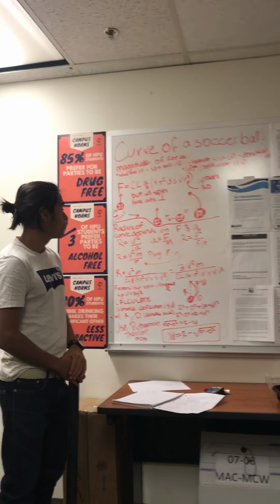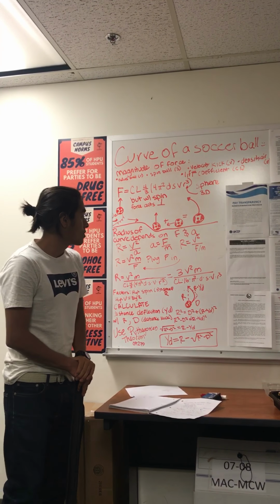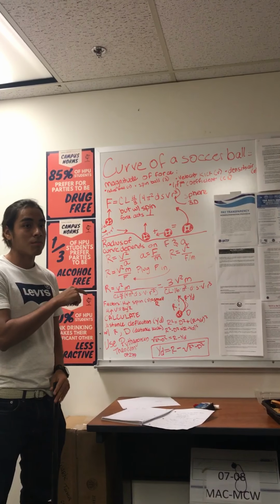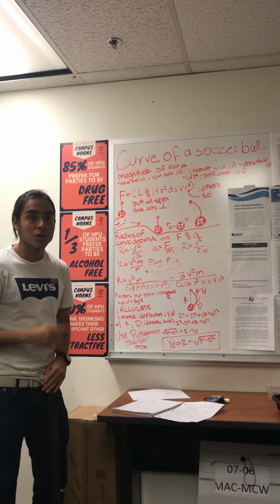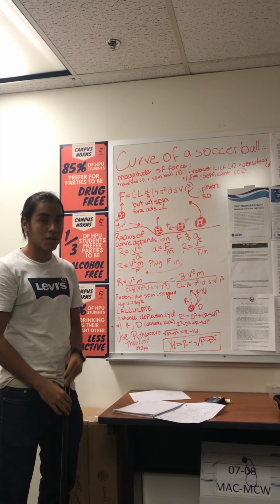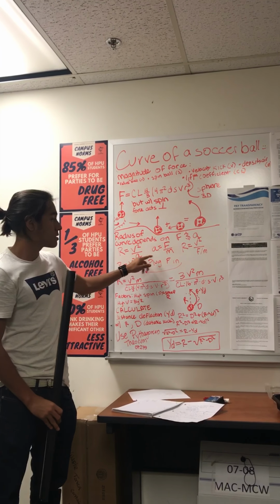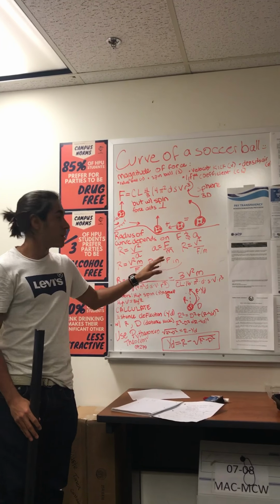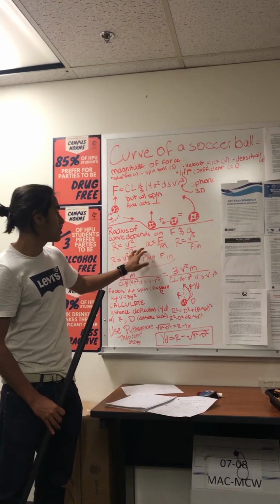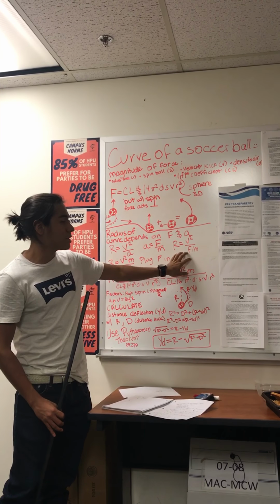So now to find the radius of the curve, you use this equation right here. Velocity squared over acceleration is equal to the radius of the curve. You know that acceleration is force divided by mass, and so when you substitute acceleration for force divided by mass, you get this equation.